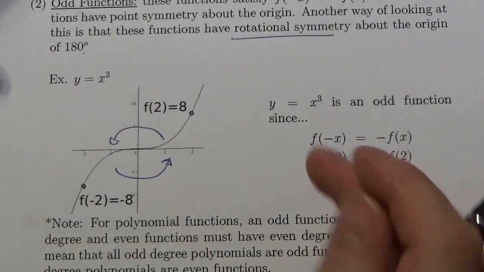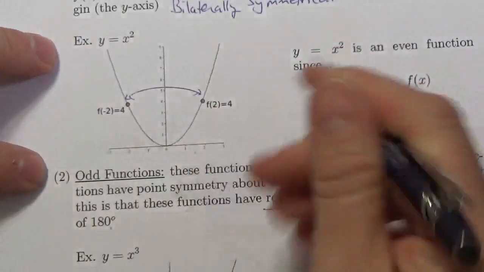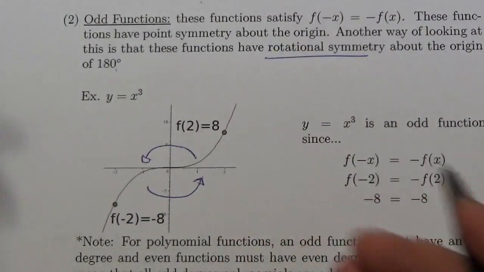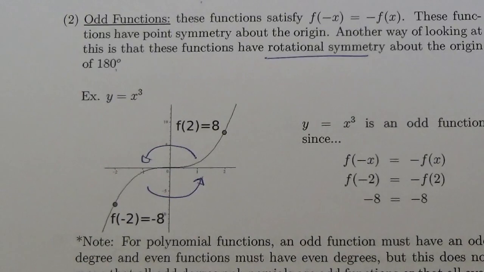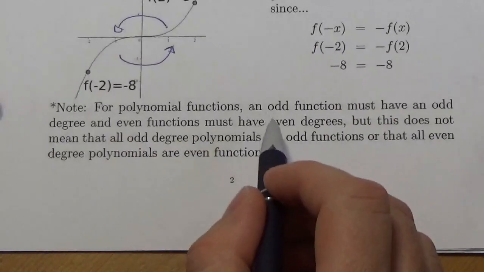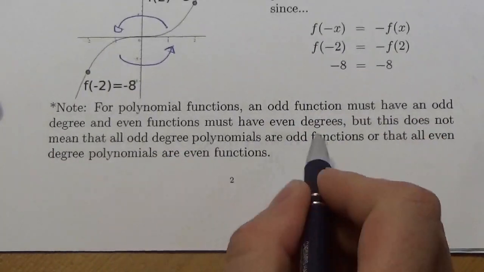Okay. Now, these are two very, very basic functions here, even degree, odd degree, but it's very easy to put these expressions together and create things that are actually neither odd nor even when you look at them. Okay, so just take a look at this little note here. For polynomial functions, an odd function must have an odd degree and an even function must have an even degree.